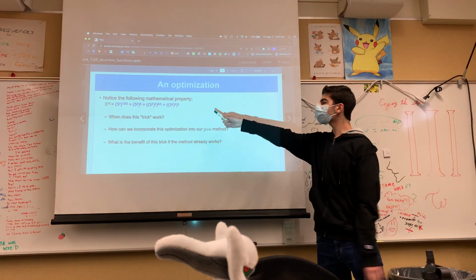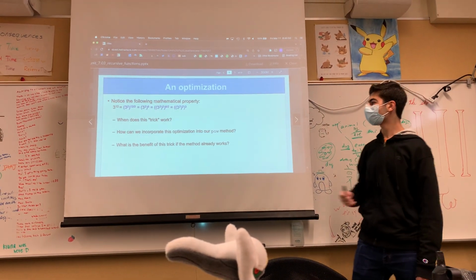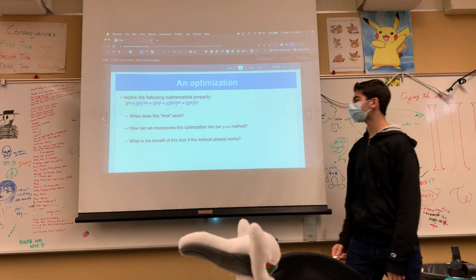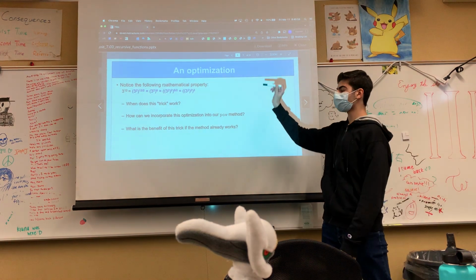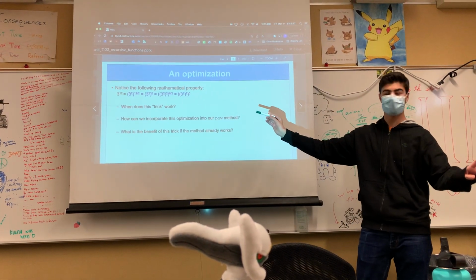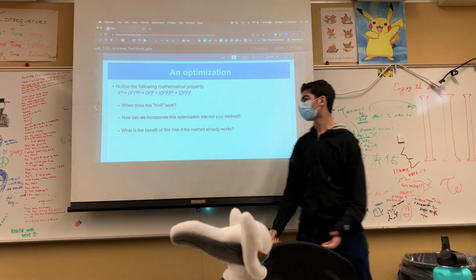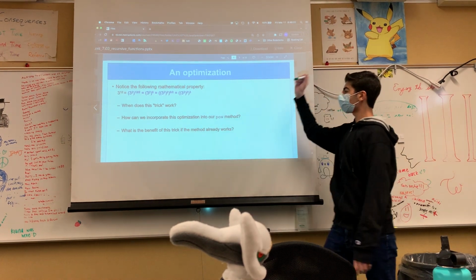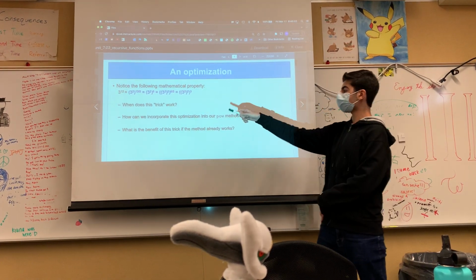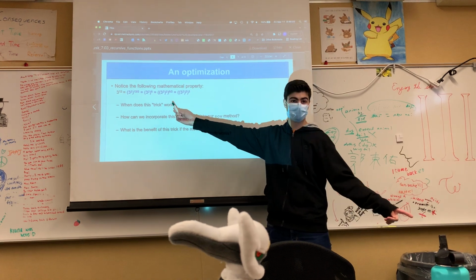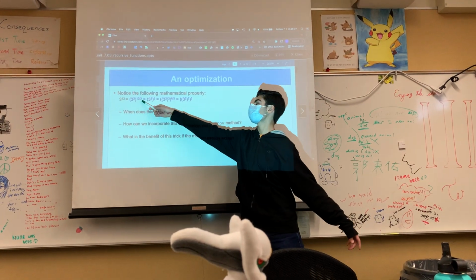So notice the following mathematical property. 3 to the power of 12 is equal to 3 squared, to the power of 12 over 2. Do we understand that part? Yep. All right, which also equals 3 squared to the power of 6, because 12 divided by 2 is 6. Do you understand how we got from that to that?